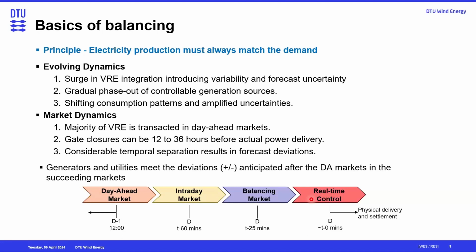And then comes the real-time control and the physical delivery. The real-time control is the last aspect where you have the opportunity to again reduce your mismatch with the forecast. And then comes the settlement, which is the pricing settlement the day after.